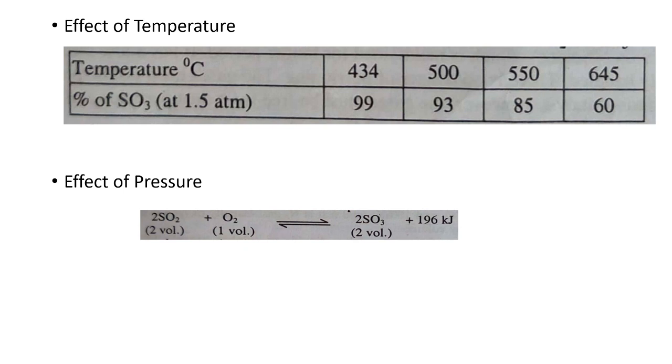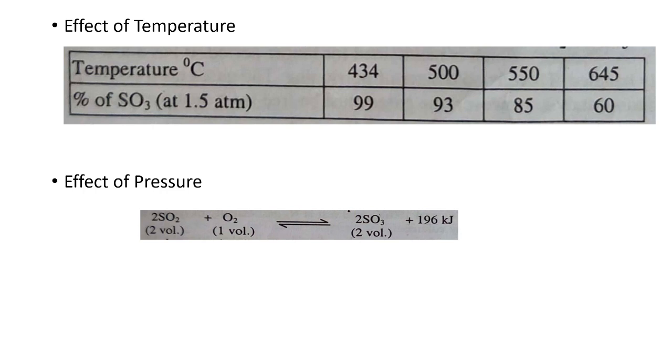So here, with increase in pressure, the new molecules of sulfur dioxide and oxygen have to diffuse through the layer of sulfur trioxide adhering to the surface of the catalyst.